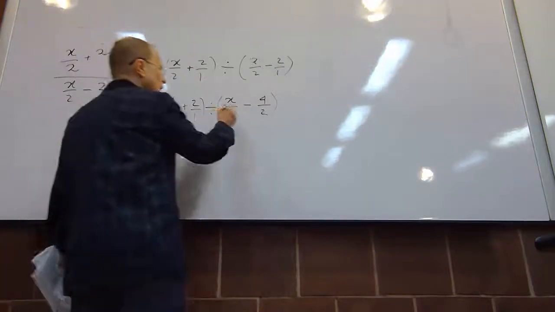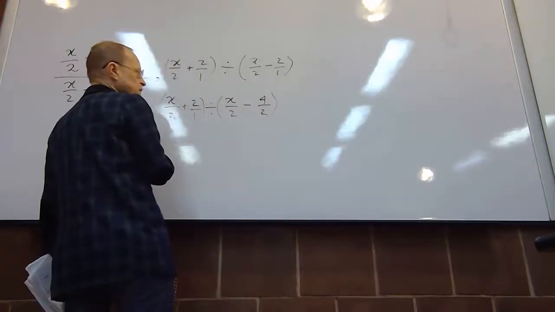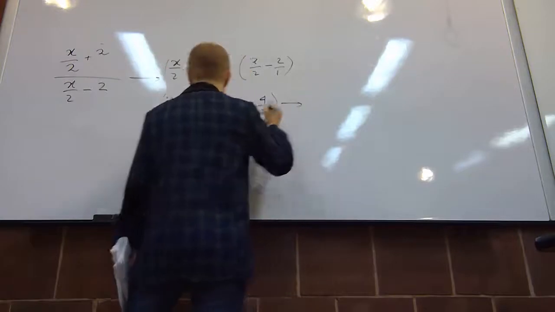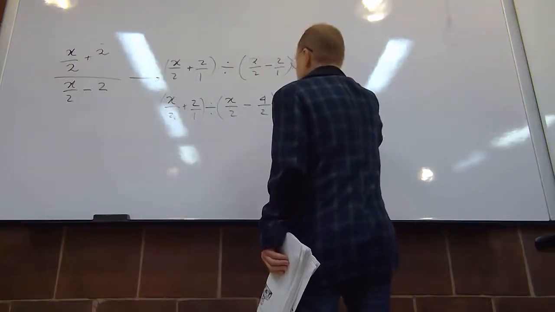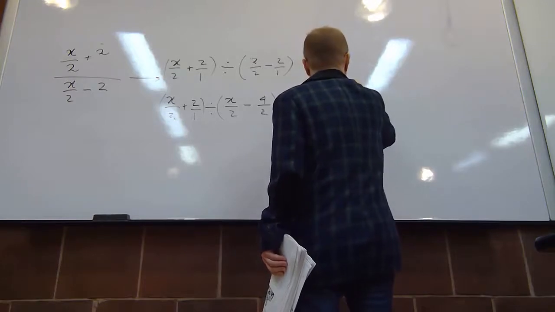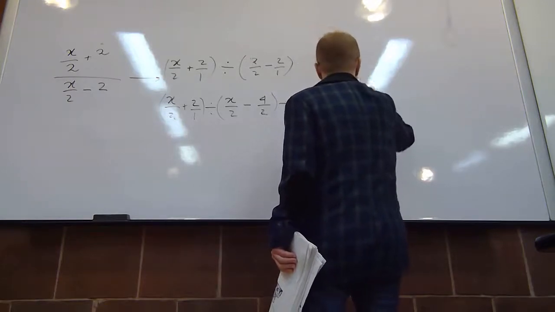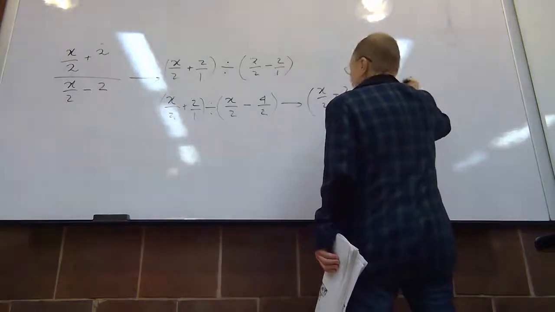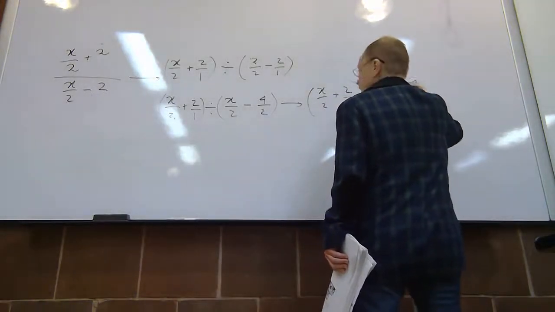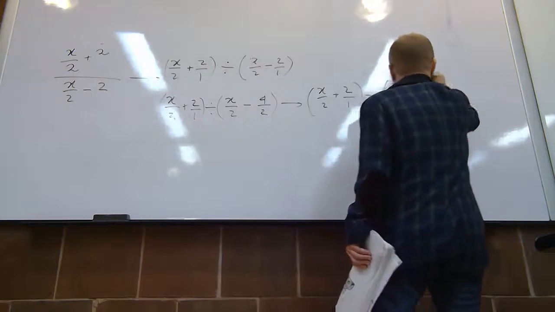So now I can just subtract these two together, and I will get x over 2 plus 2 over 1 divided by x minus 4 over 2.